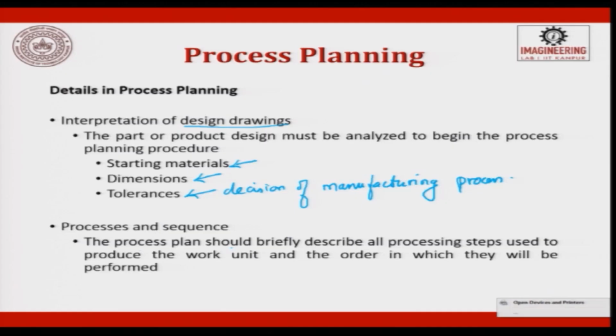The description can be in words or in figures. Figures are very much appreciated. Figures show all processing steps used to produce the work unit and the order in which they will be performed. This description will help you understand the processes and their sequence.